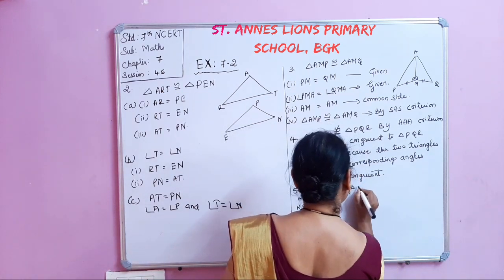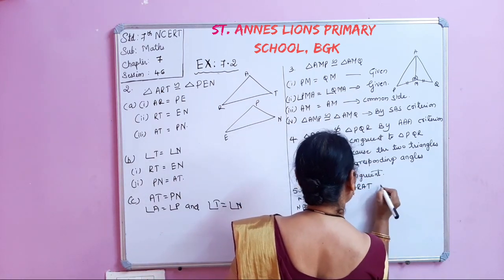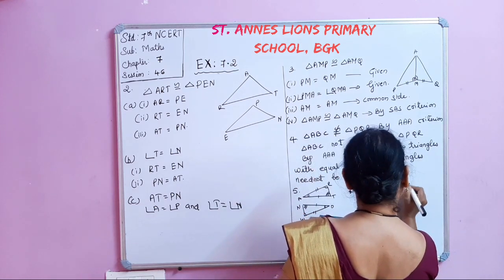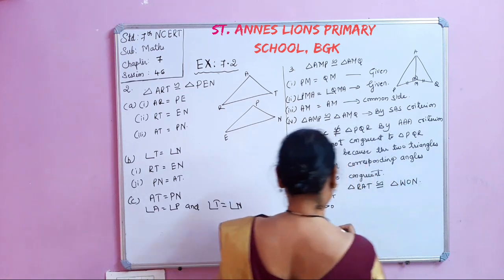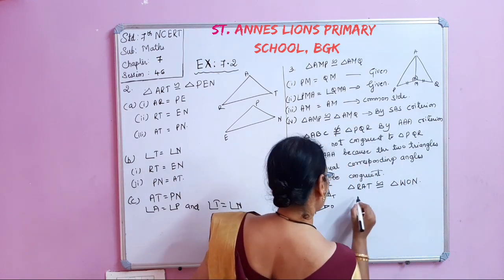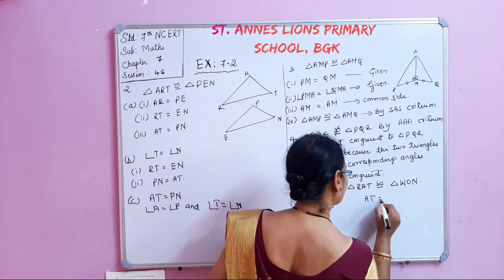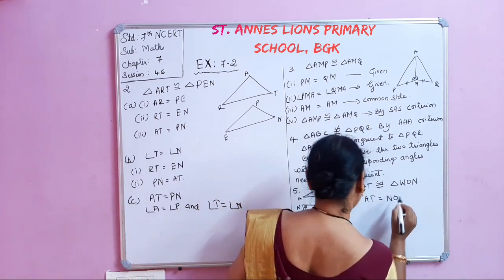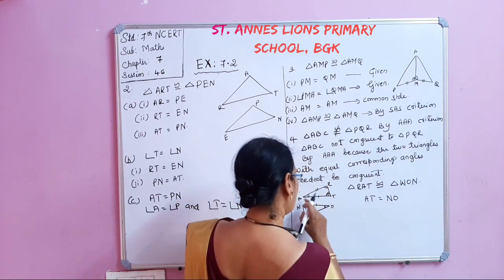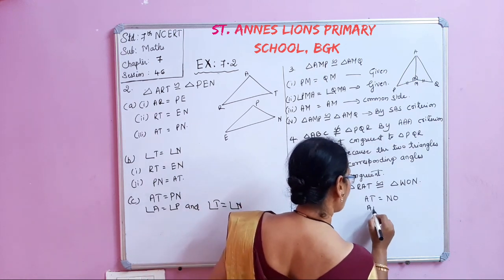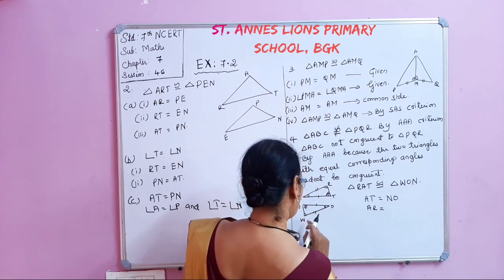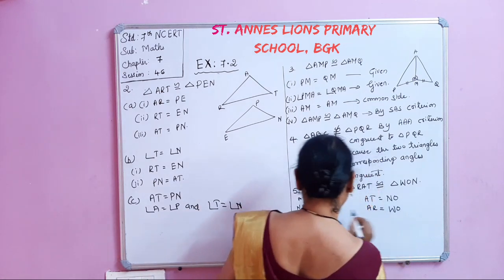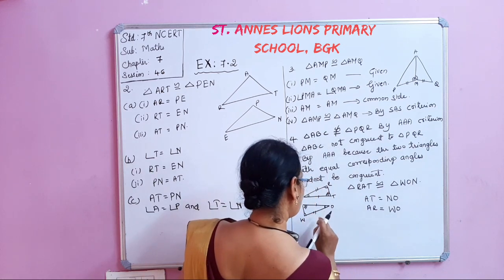We can write triangle RAT is congruent to triangle WON. How? By figure, AT is equal to NO. Then AR equal to WO. Then two sides finished.